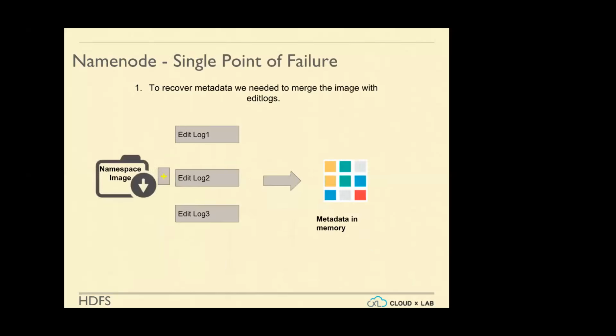At any point of time, if a server crashes or something and we have to recover the metadata, we will have to apply the edit logs on top of the namespace image. A question from Noor is, we can't have two name nodes, but we can have some kind of HA.